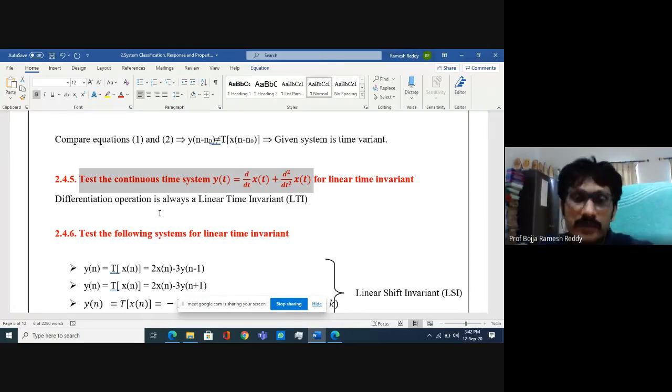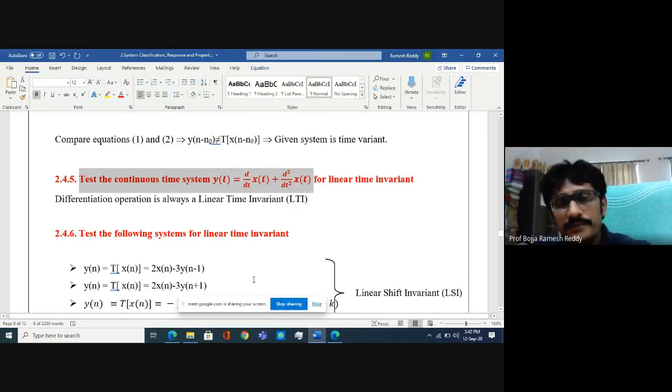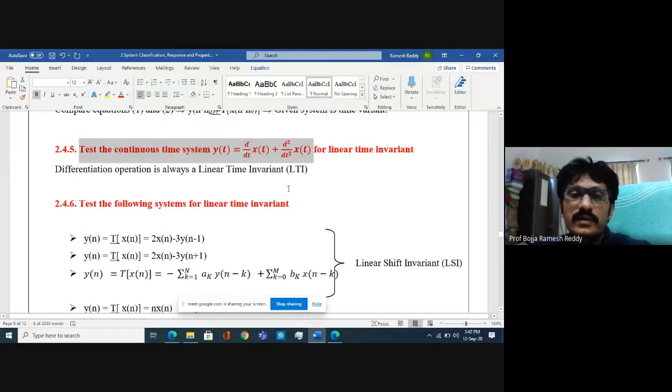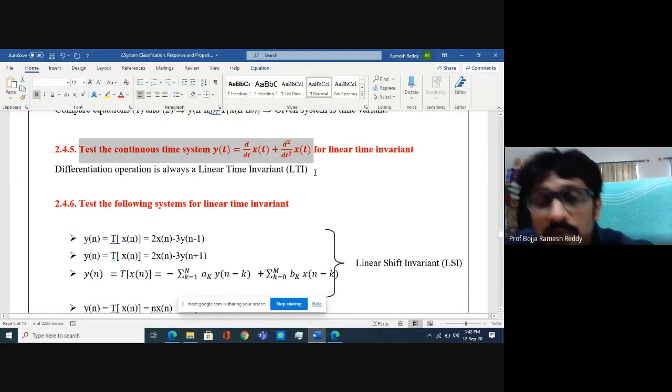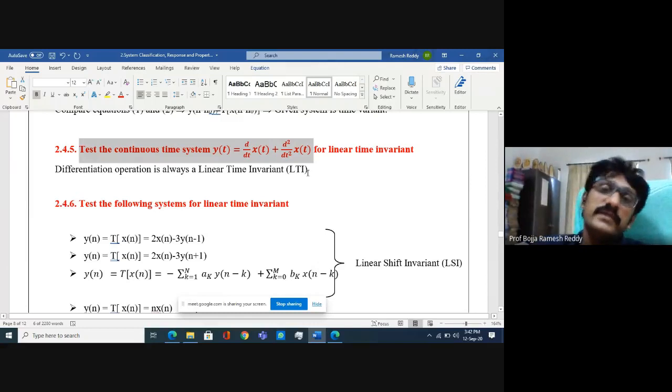Differentiation is always a linear property. No problem for linearity. If such things are included, no need to do the complete analysis. Because of differentiation, we can say that the system is a linear and time invariant system.